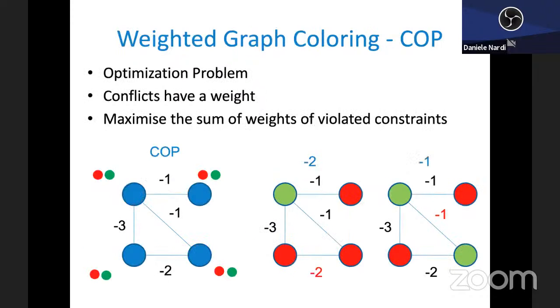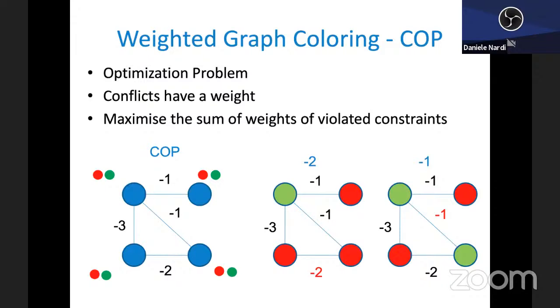So one addition is that constraints may have a cost. Think about the scheduling problem. You know, the preferences of the dean of the university, of the rector of the university, certainly have a much higher value than my own preferences in scheduling a meeting. And this can be accommodated by simply labeling each constraint with a specific cost value in case the constraint is not satisfied.